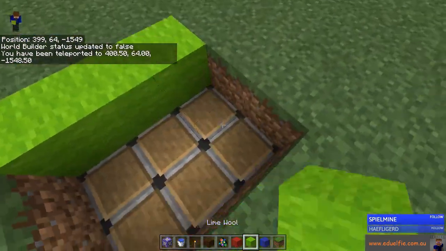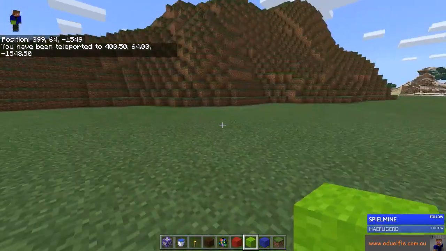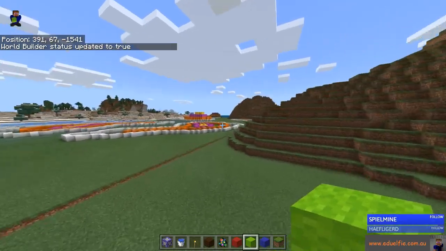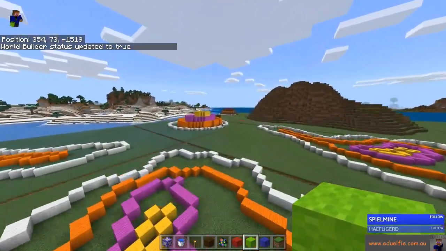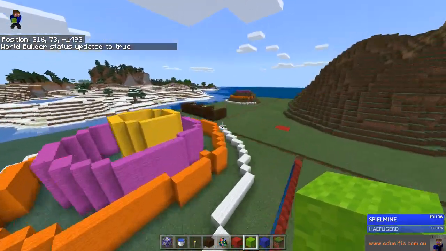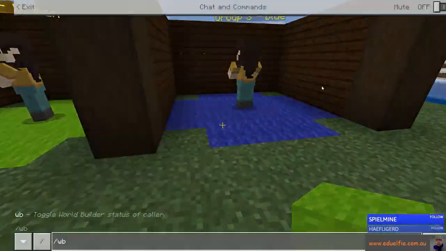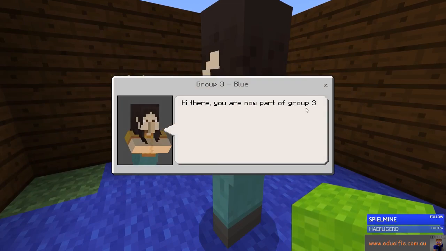And that was green, wasn't it? And we come back here and do the same. So that way there is a clear indication which mountain belongs to which group.